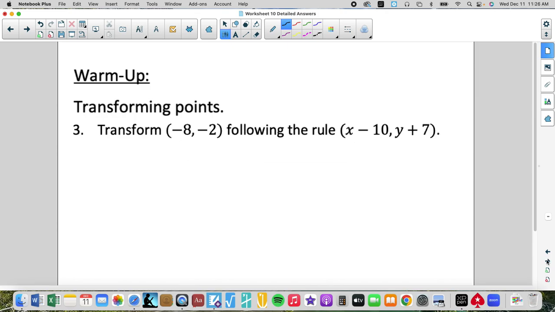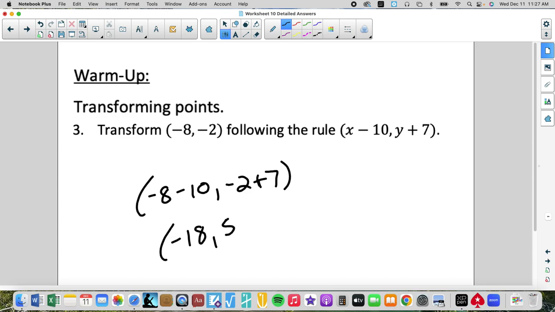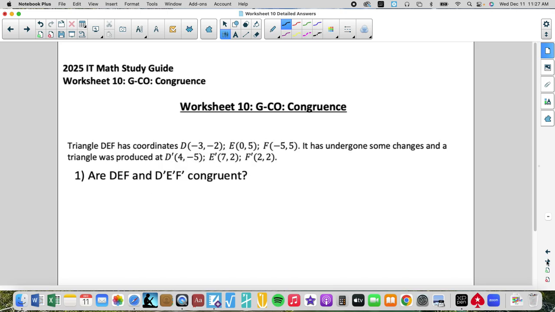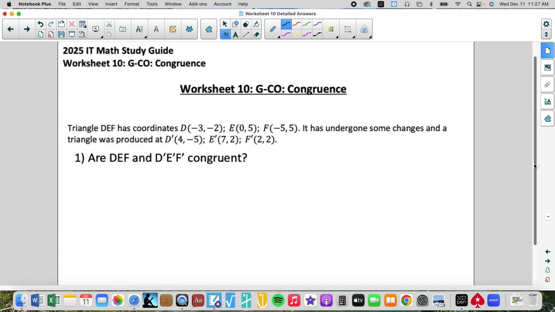What would we call it? Prime value, I think is what they call it. So using this rule, we have -8 minus 10, -2 plus 7, and that gives us -18, 5. So that's nice and easy, and we do call it congruency in geometry.